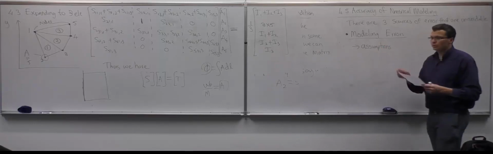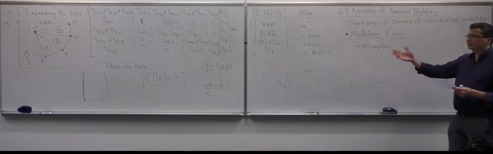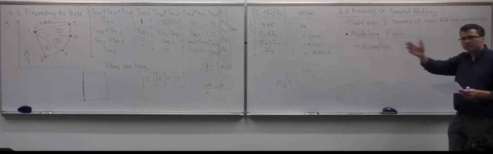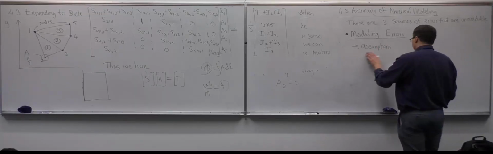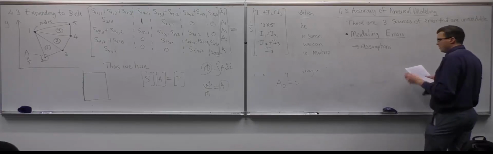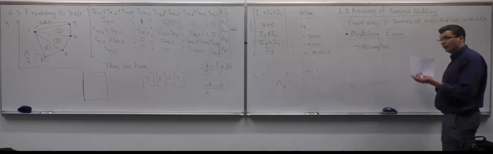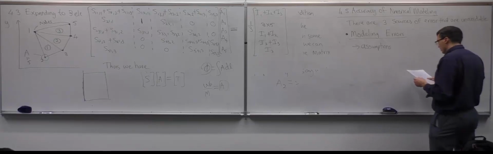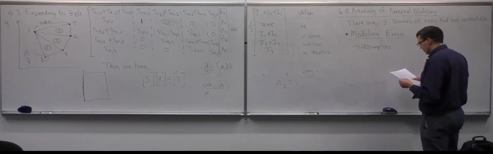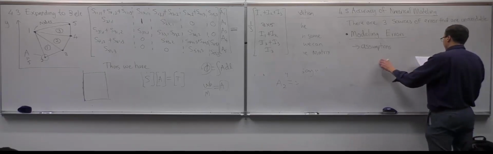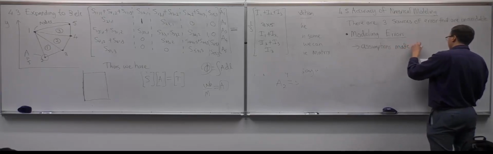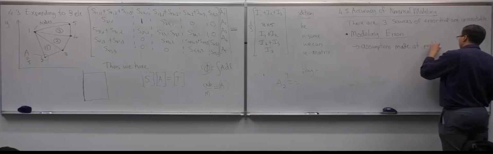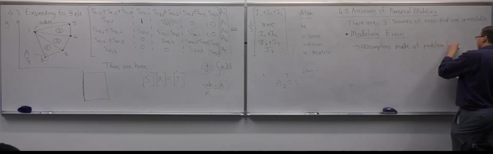One example is the 2D, where we're neglecting the 3D. The other types of assumptions may be more nuanced. You could have a 3D model, but there still be some assumptions, for example, assumptions made at the problem formulation.